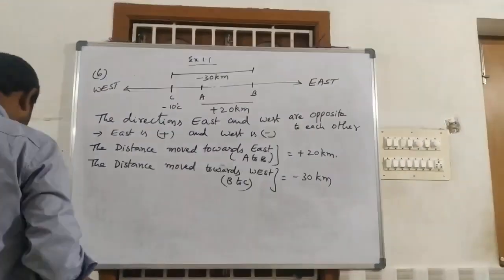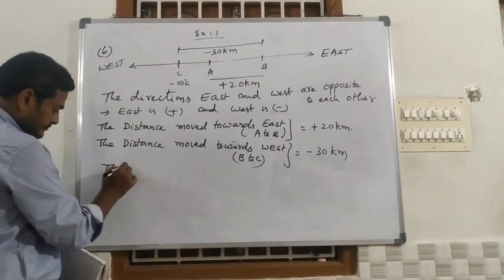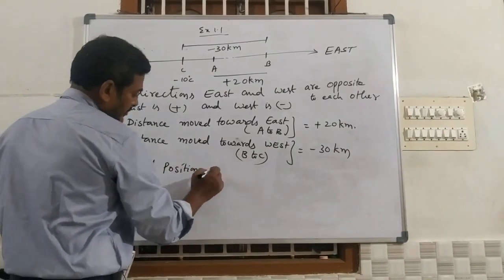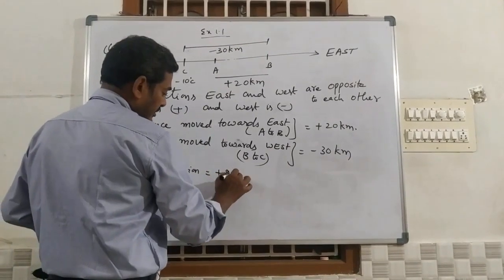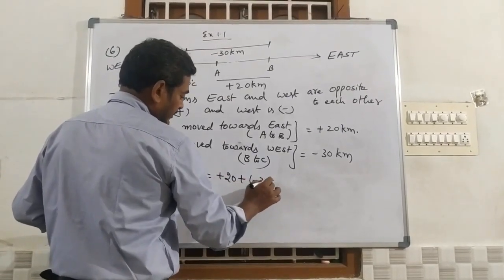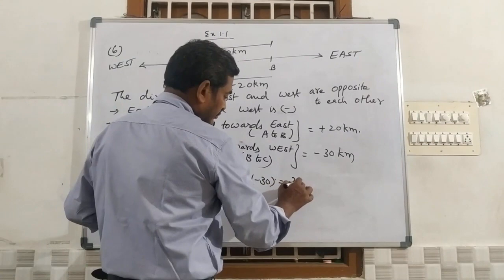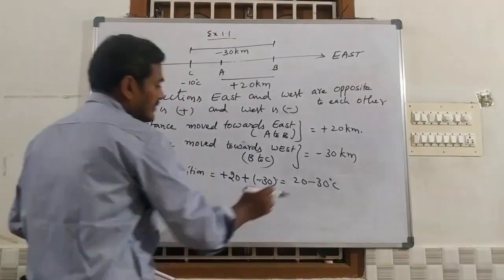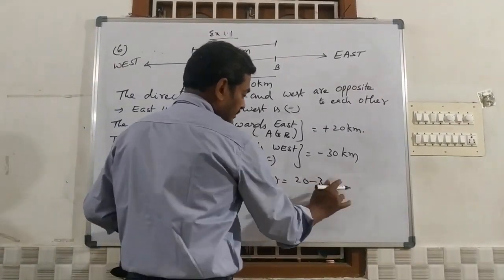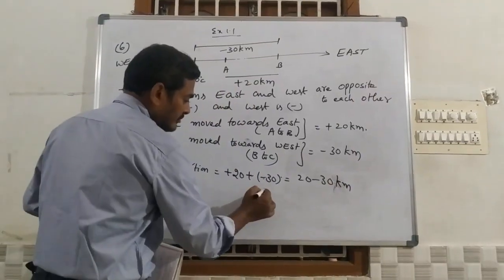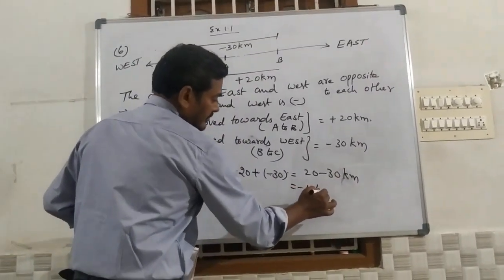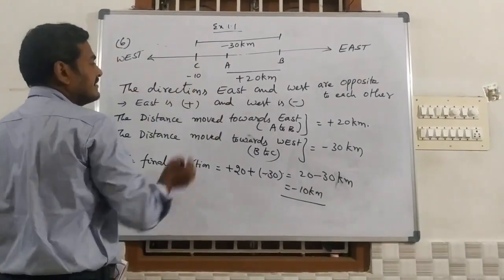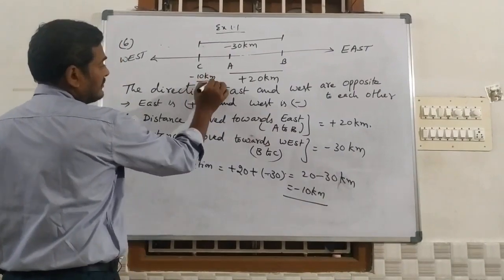So, the final position is equal to plus 20 plus minus 30. That is 20 minus 30 kilometers, equal to minus 10 kilometers. So the point C is represented by minus 10 kilometers.